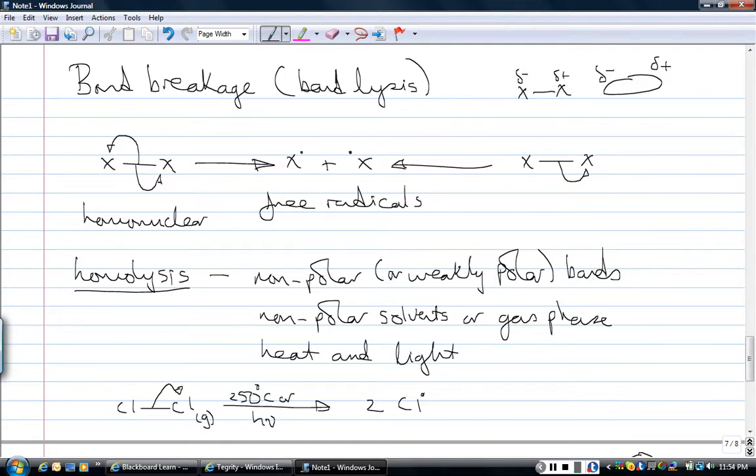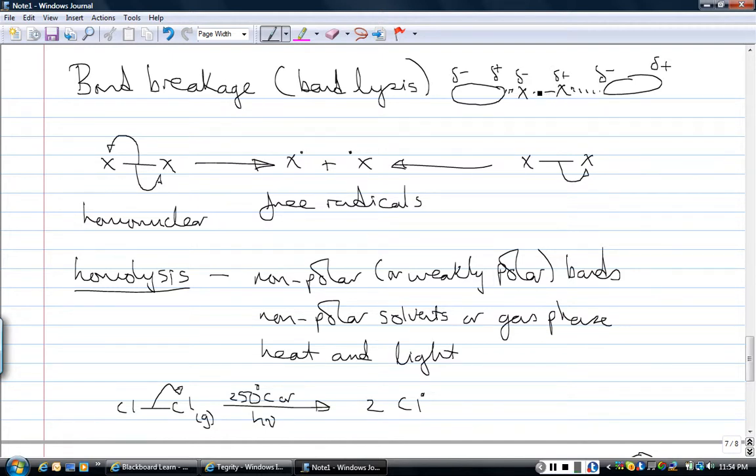What that will then do is take the molecule on the left will orient to get a delta plus and a delta minus, and so I'll now start to get interactions, and that will assist in the breakage of the bond. I don't want that to happen. So I don't want to put my non-polar molecule in a solvent that is polar, because polar molecules will tend to induce dipoles on the non-polar bond.